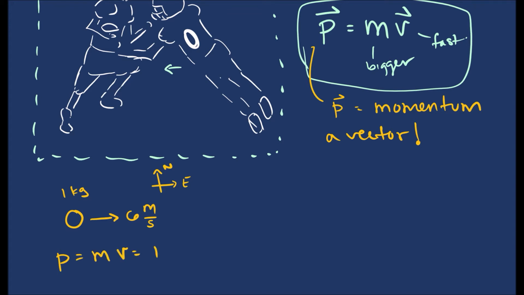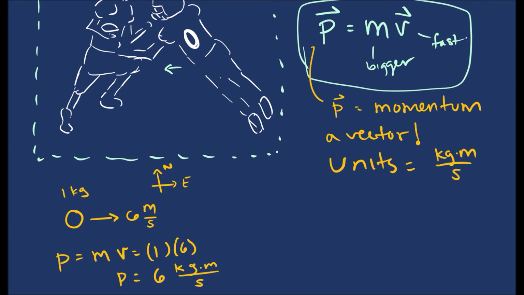So we take 1 kilogram times 6 meters per second, and we get a momentum equal to 6 kg·m/s. The units of momentum are kilogram meter per second. We got the units of mass, kilograms, and then you just say kilogram meter. I like to put a dot in there so you know that the m isn't part of the kg unit.